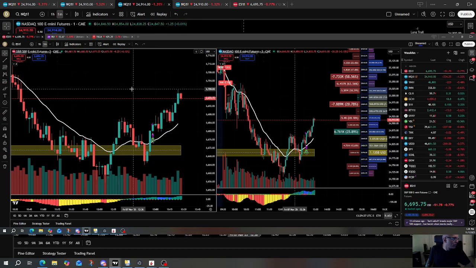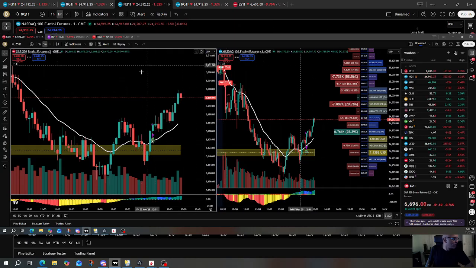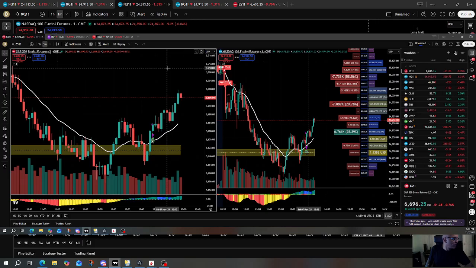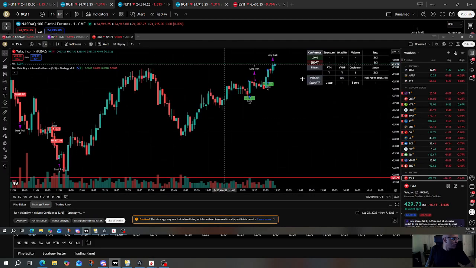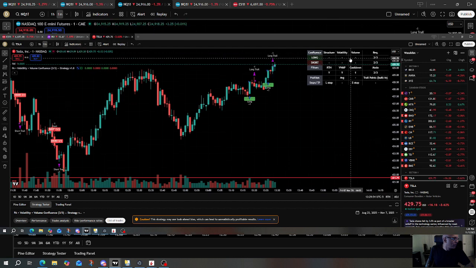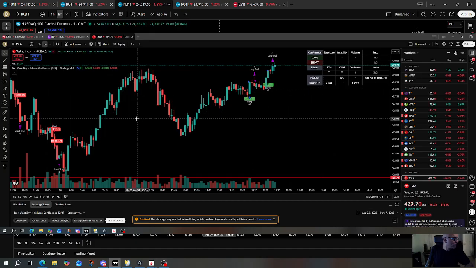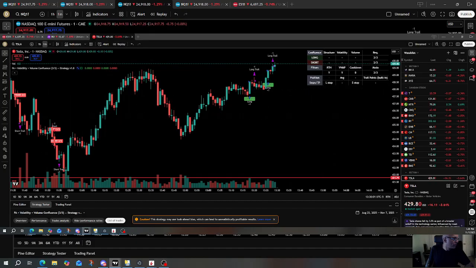I never created a dashboard with the indicator, so I'll change that. I will also update that on the weekend. I will create a dashboard for the indicator as well, just like the one we have for the strategy, this box here. So you'll have a dashboard.